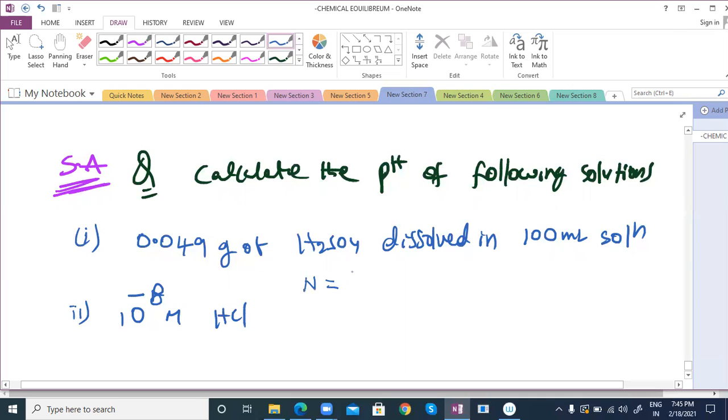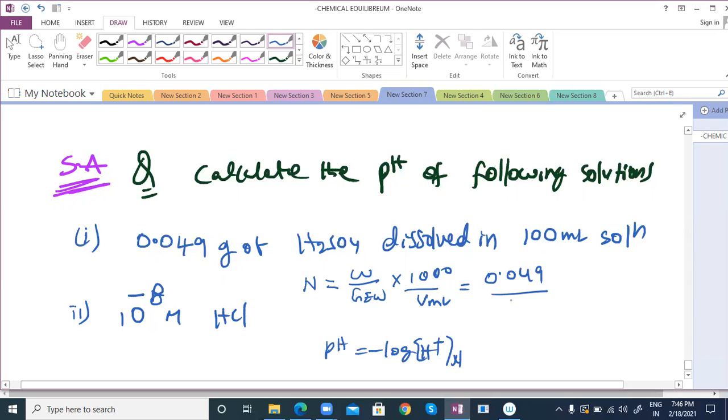Normality you have to calculate: weight by gram equivalent weight into 1000 by V ml. Or you can calculate molarity then convert into normality, because the pH formula is minus log H plus. Mostly we prefer normality here. So weight is 0.049 by equivalent weight, which is 98 by 2, n-factor is 2 for H2SO4, into 1000 by 100. So you can cancel this, and you may expect 49.